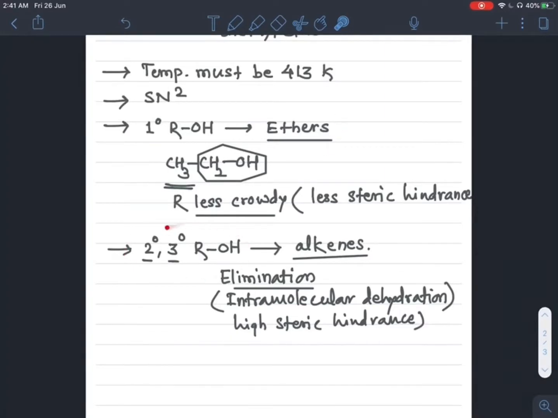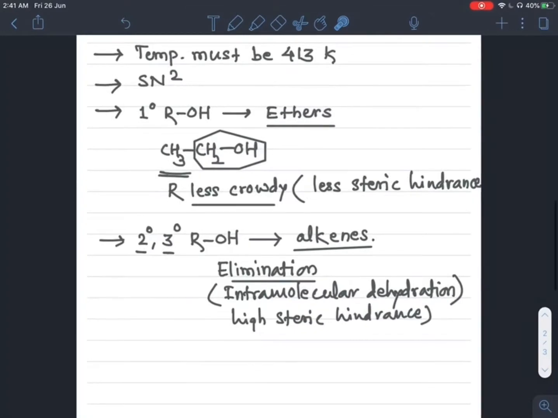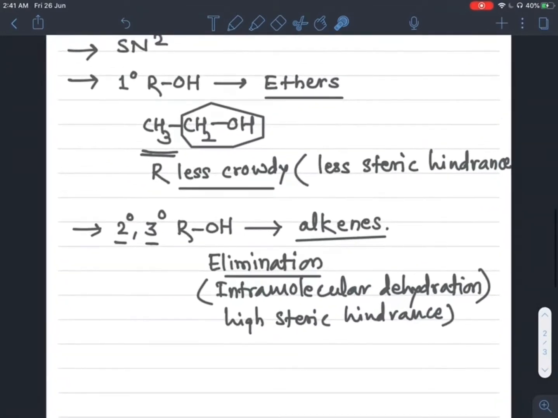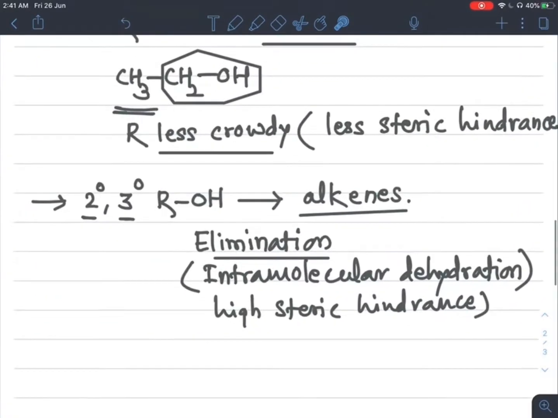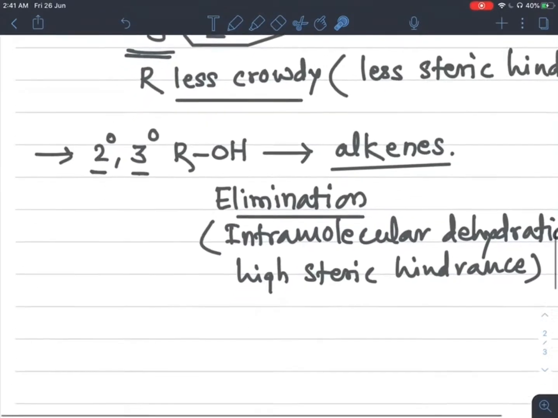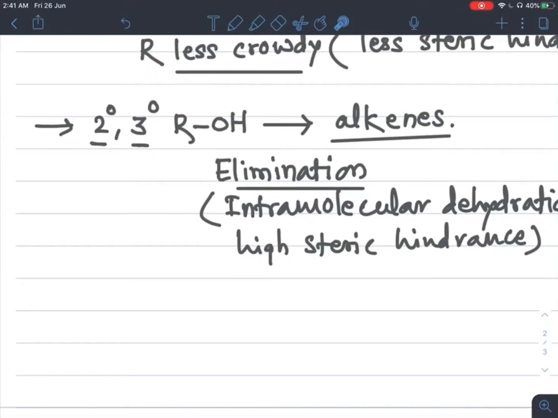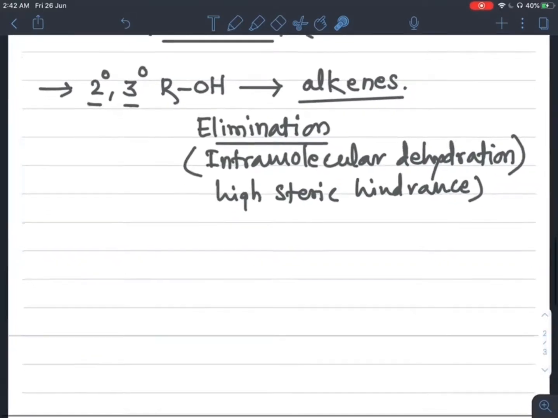Next, if alcohols are secondary or tertiary, then only alkenes are formed. Keep these conditions in mind, then it is very easy to solve objective questions for all exams. Many times a question is asked on the preparation of ethers by dehydration of alcohols.